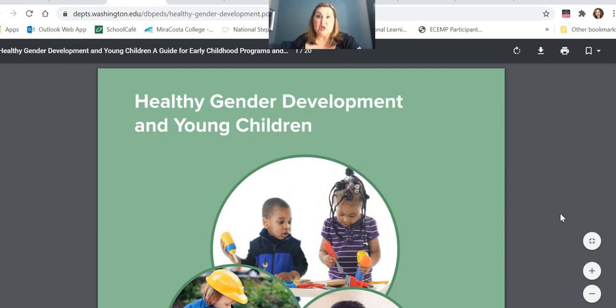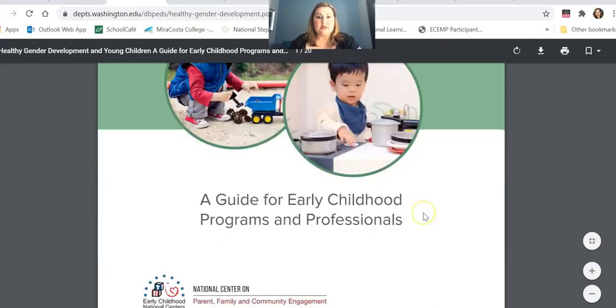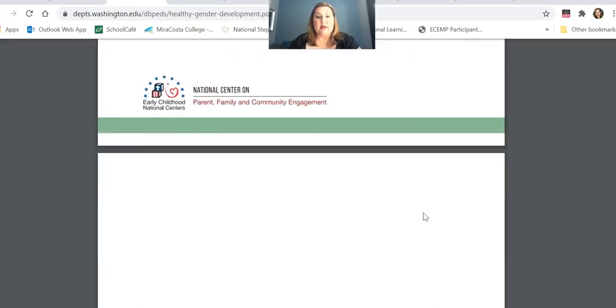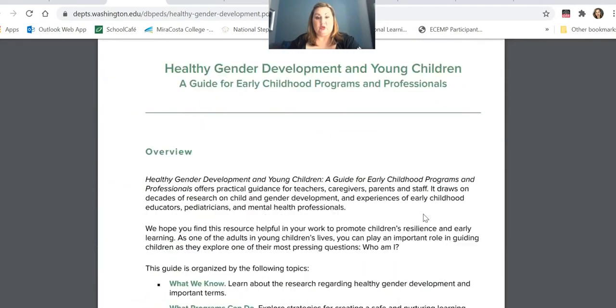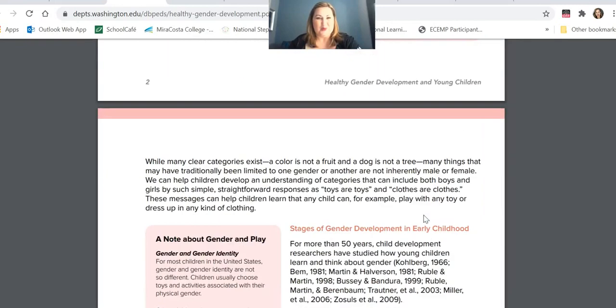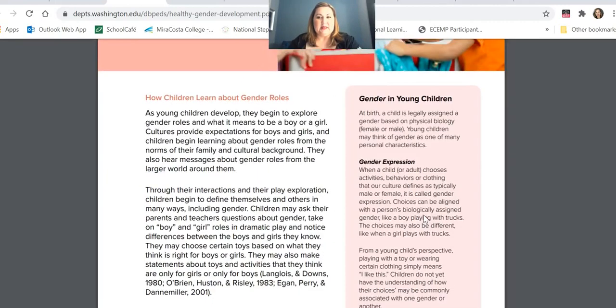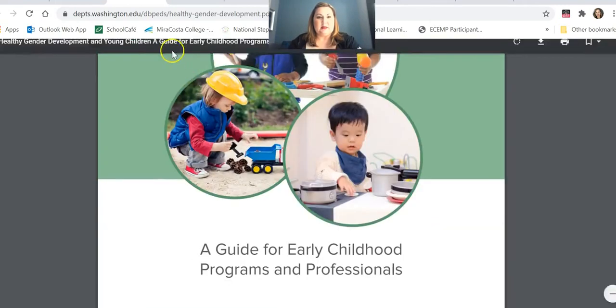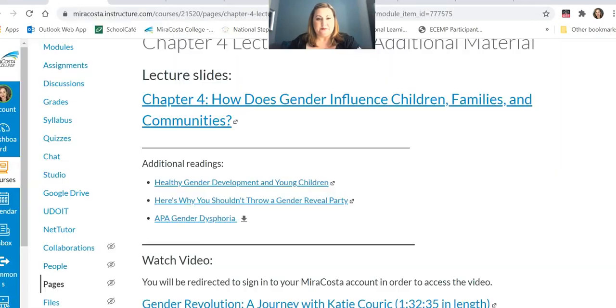Some of you, maybe you're brushing up on child development. And so it's really important for us to understand the stages of gender development in children and how it's been studied for over 50 years, and we're still learning more. So please read this, take your time and read it.